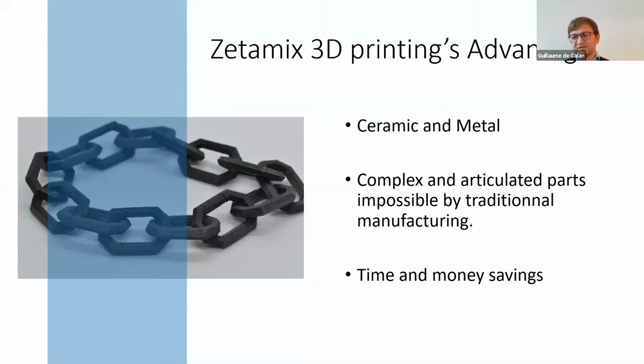Of course, the last one is that, especially for small series, medium-sized production, it's also a question of time and money savings. You can be faster in getting the part, and you can try to make it cheaper. I won't go too much into details about this one because this doesn't have a big impact on design. It's just one of the reasons why customers will use our system.